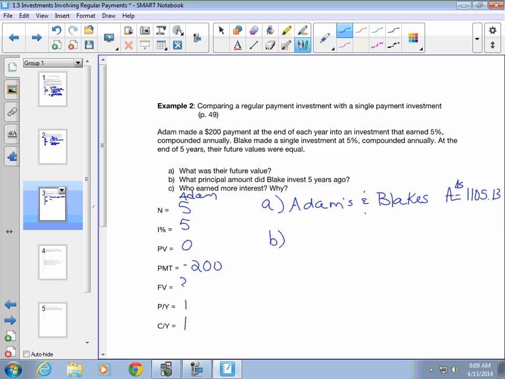So, B part says, what principal amount did Blake invest 5 years ago? So if we're using the calculator here, N was equal to 5. Your interest was equal to 5. Your present value, that's what we're trying to find.